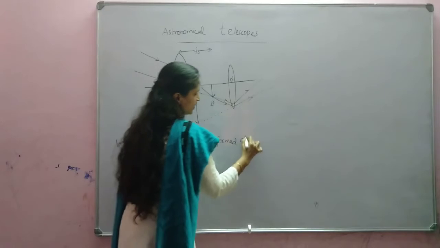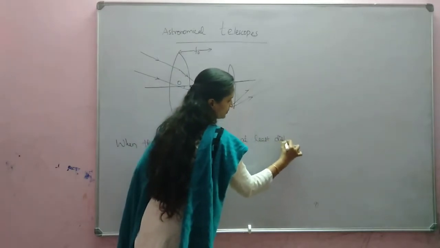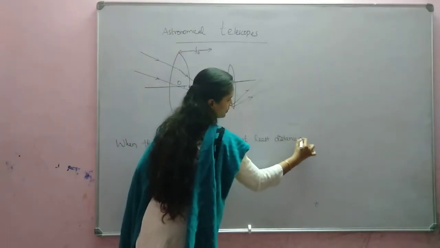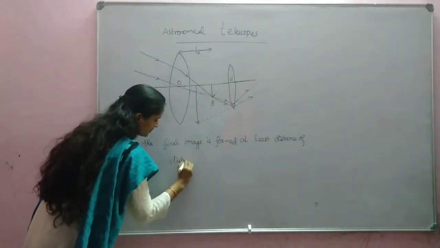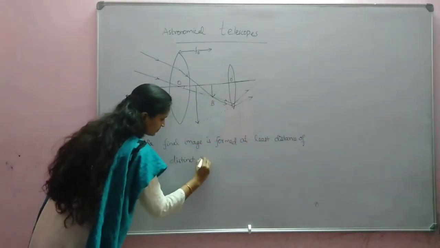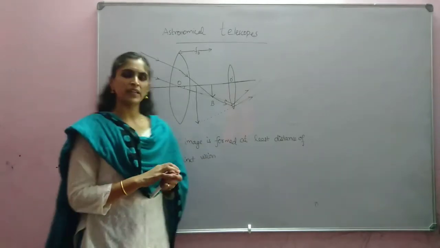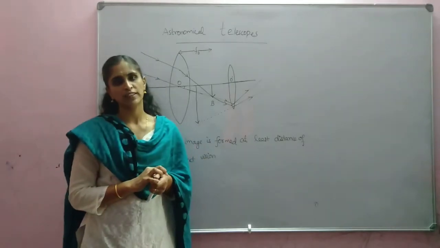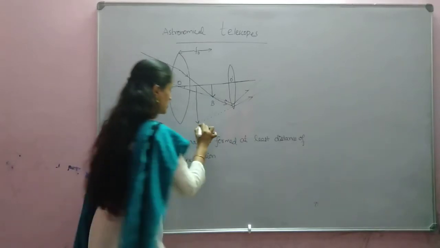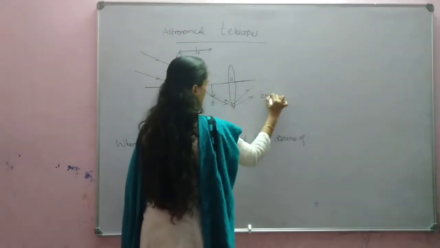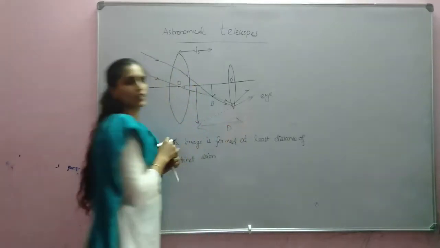Here we can write, this is I, so this will be D, the least distance of distinct vision.